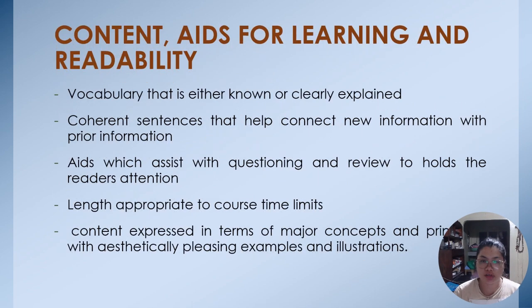So we have here the CAR, or the content, aids for learning, and readability. So vocabulary that is either known or clearly explained, coherent sentences that help connect new information with prior information, aids which assist with questioning and review to hold the reader's attention, length appropriate to course time limits, content expressed in terms of major concepts and principles with aesthetically pleasing examples or illustrations.